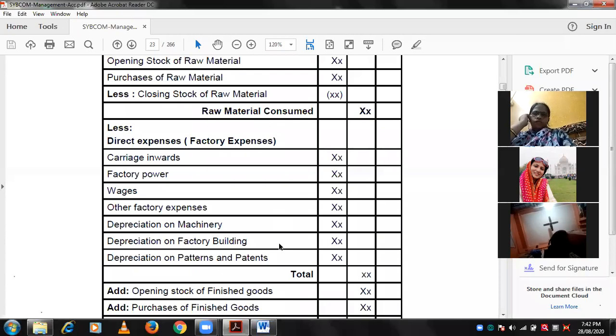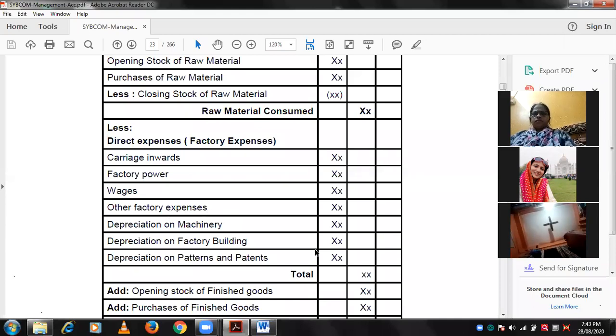Other factory expenses are any kind of factory expenses which do not come under these heads, like carriage inward, factory power, wages, depreciation. So any other factory expenses, for example, factory lighting or factory telephone expenses, factory printing and stationery, or any storage expenses, we have to put all these things in the other factory expenses head.